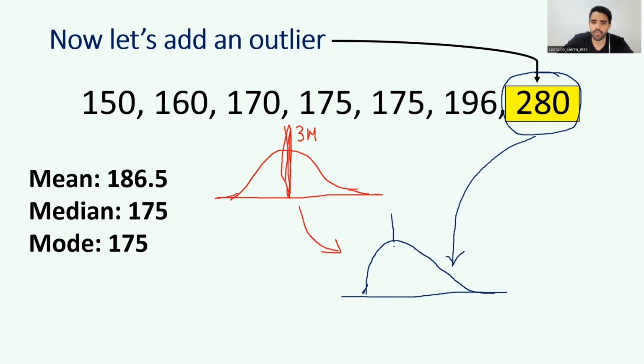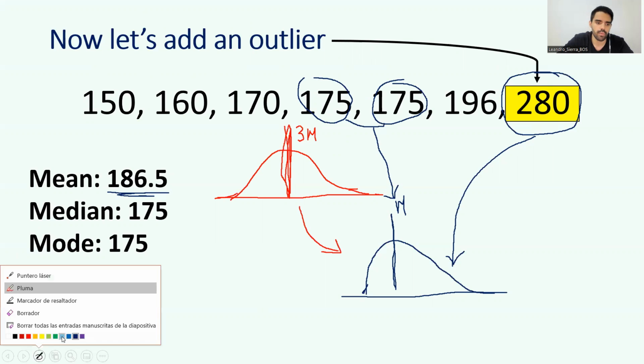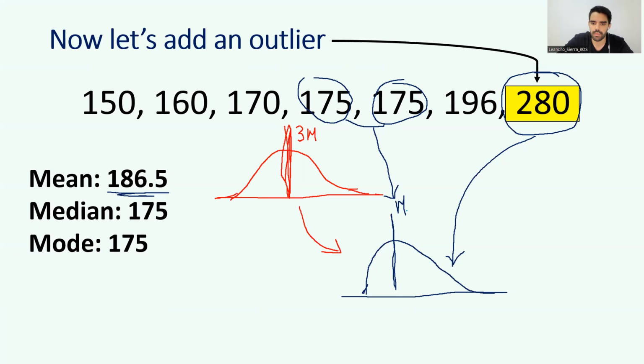So this 280 is going to sit here, making a positively skewed curve. And here you would have, of course, the mode that was not changed, because the mode is 175. You have the mode here, and it was not changed. Yes, you have the mean that I calculated, and it's 186. This is the mode.